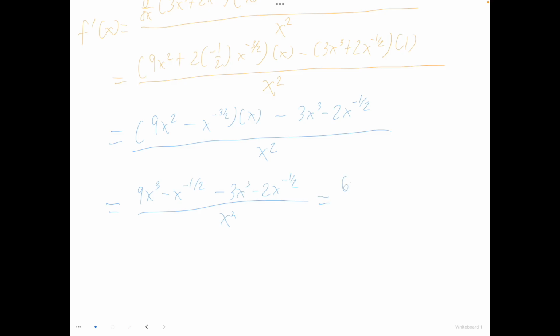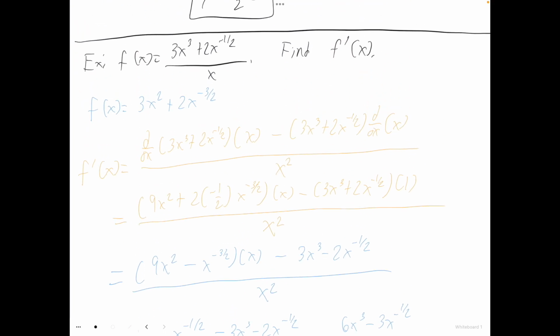Combining things, we get 6x cubed minus 3x to the minus 1/2, all divided by x squared. And then doing the division, we get 6x minus 3x to the minus 5 halves, which is what we would have gotten if we just used the power rule on this expression right here.